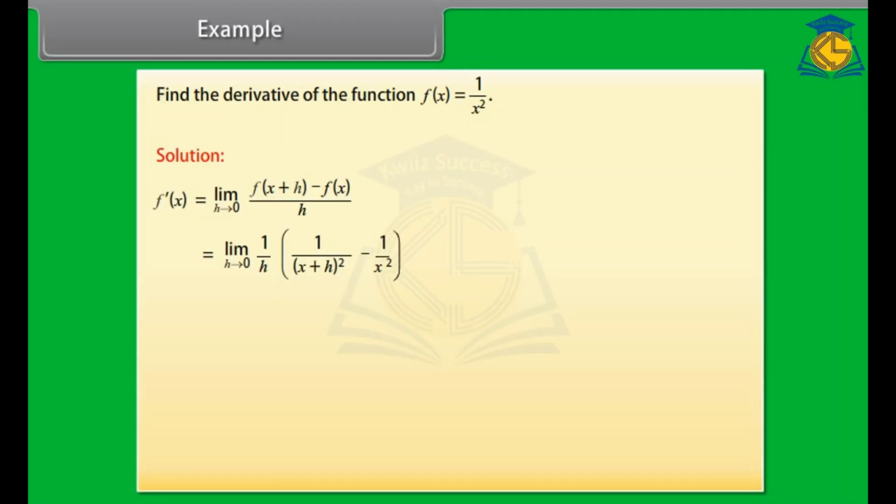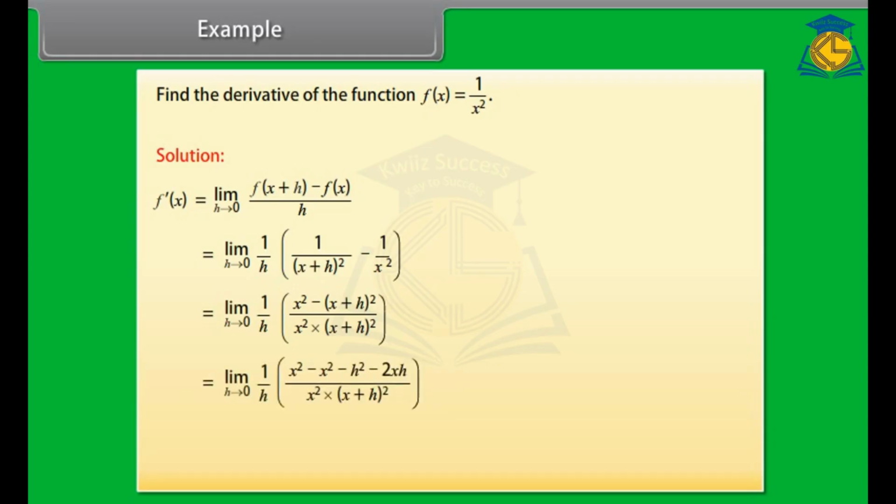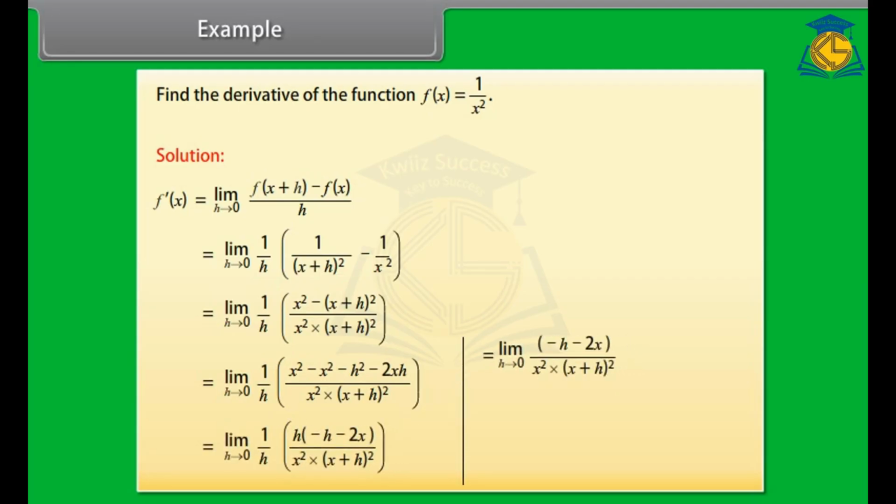By calculating it, we get f dash of x is equal to minus 2 by x cube.